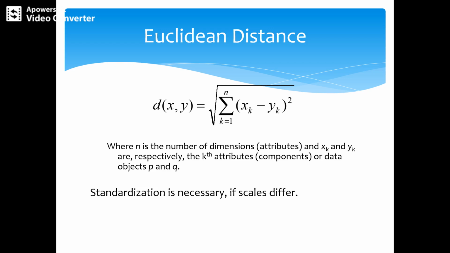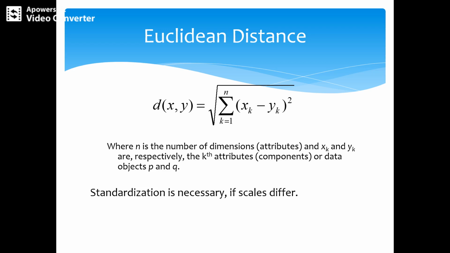The distance between two points x and y in one, two, three, or higher dimensional space is given by the formula d(x, y) equals the square root of the summation from k equals 1 to n of (xk minus yk) whole squared, where n is the number of dimensions, that is, the attributes.